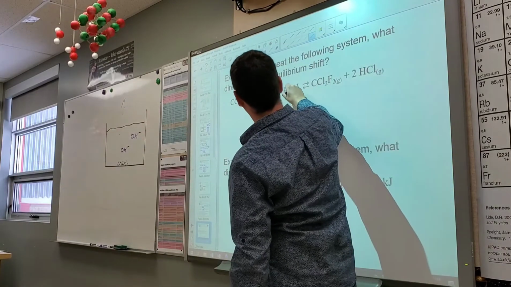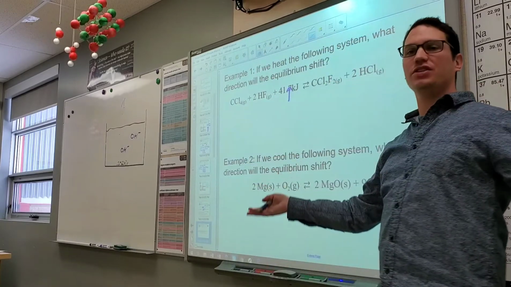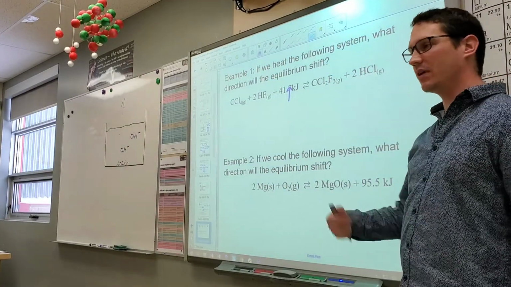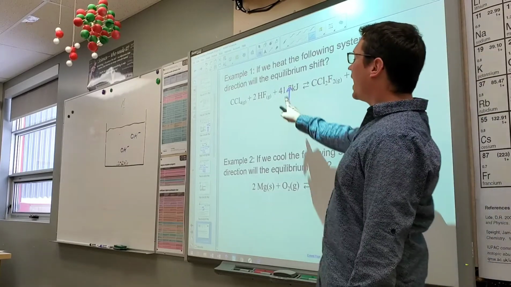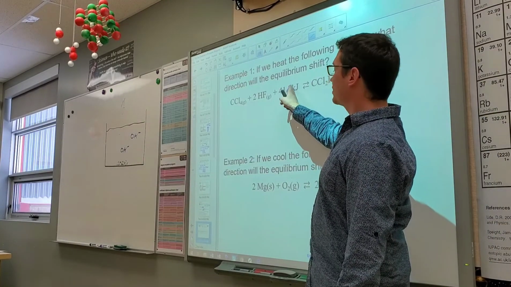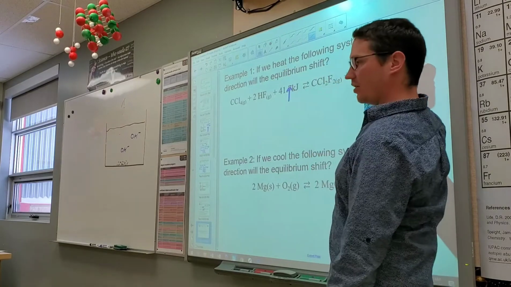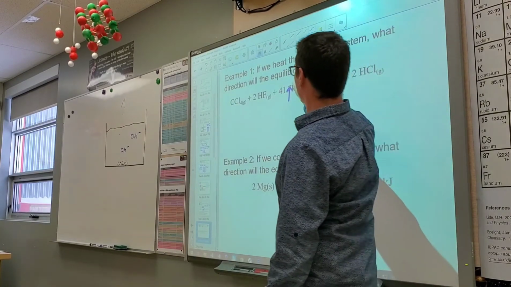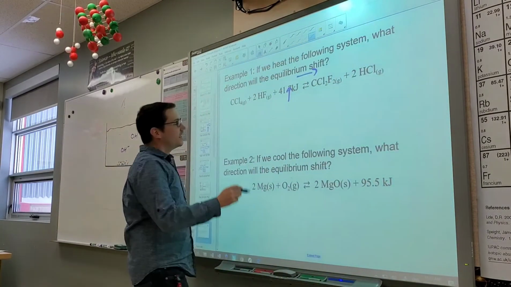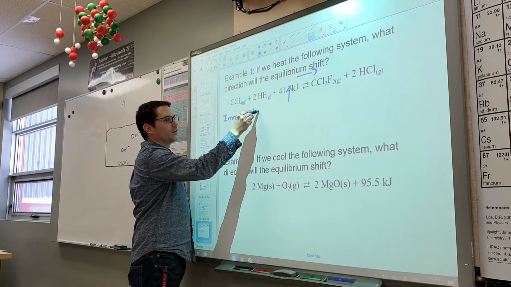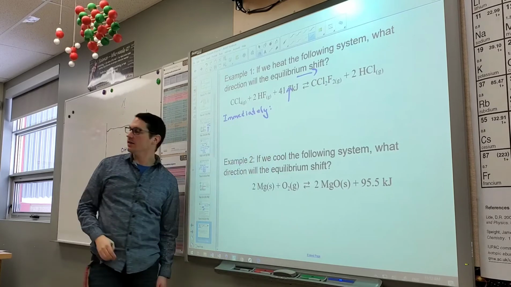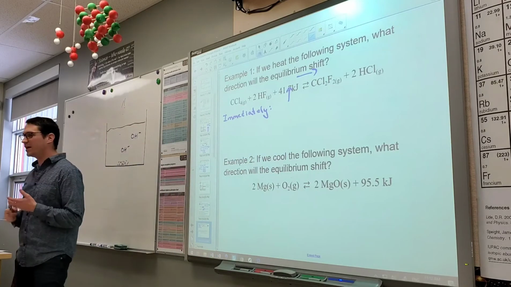I'm adding energy. I'm adding it. So which direction is this going to shift? Is it going to shift to the right or the left? If we add heat, it's going to use up that heat and turn it into something else, right? So we're going to shift to the right. Now, immediately, what concentrations change?